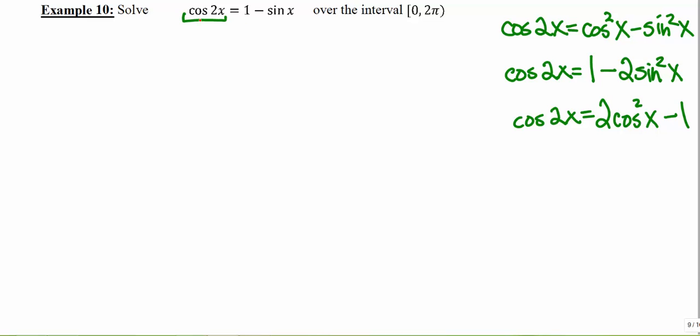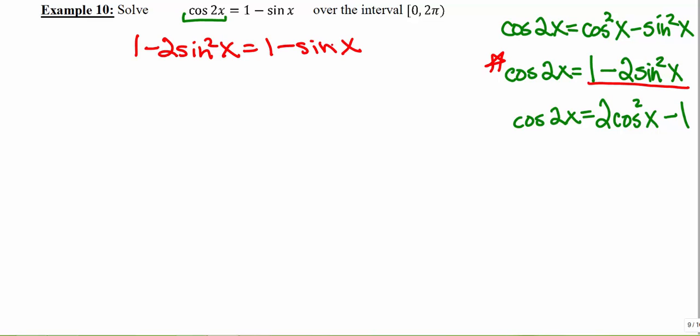So I'm going to pick this double angle identity, and I'm going to replace cosine of 2x with its equivalent 1 minus 2 sine squared x. So now throughout the equation, the trig function is the same, and also the input angle is the same, which means we can bring everything over to one side and attempt to factor.